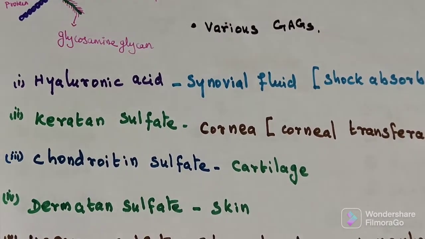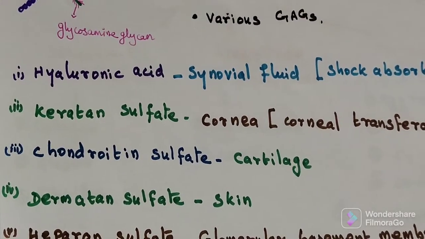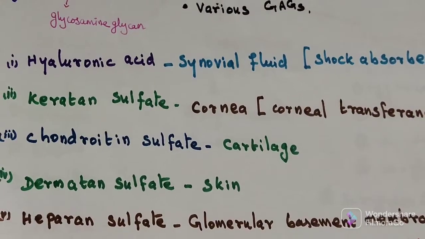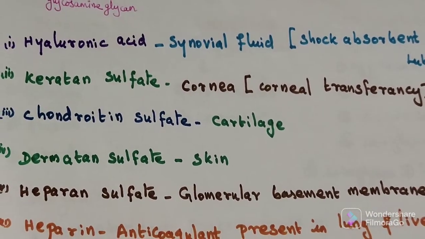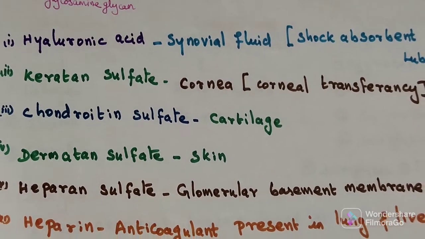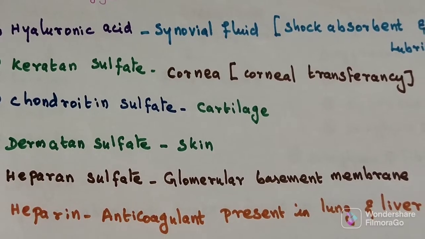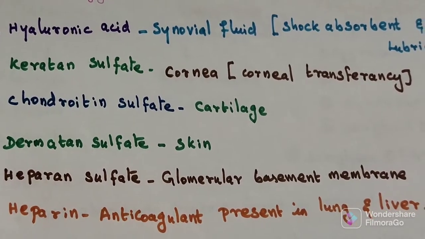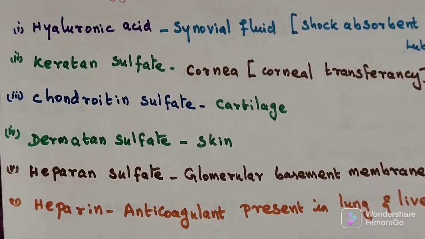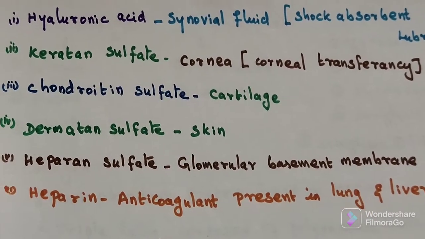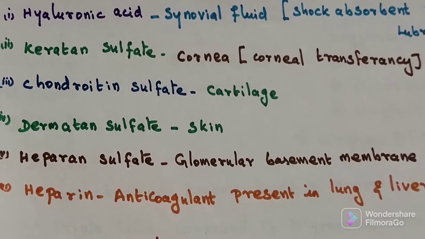The third one is chondroitin sulfate, present in cartilage. The fourth one is dermatan sulfate, present in skin. Then heparan sulfate, present in the glomerular basement membrane, responsible for charge-selective glomerular filtration. The next one is heparin, an anticoagulant present in lungs and liver.